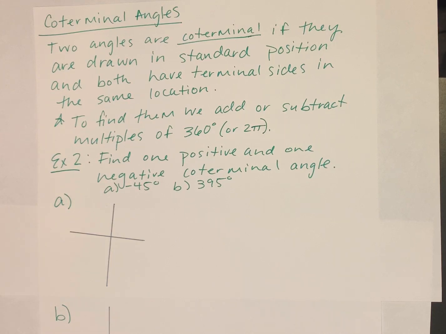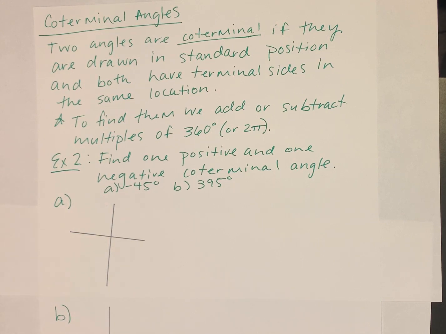Two angles are coterminal if they are drawn in standard position, which we just talked about, and both have terminal sides in the same location. So you could have multiple angles that are in standard position that end in the same place.